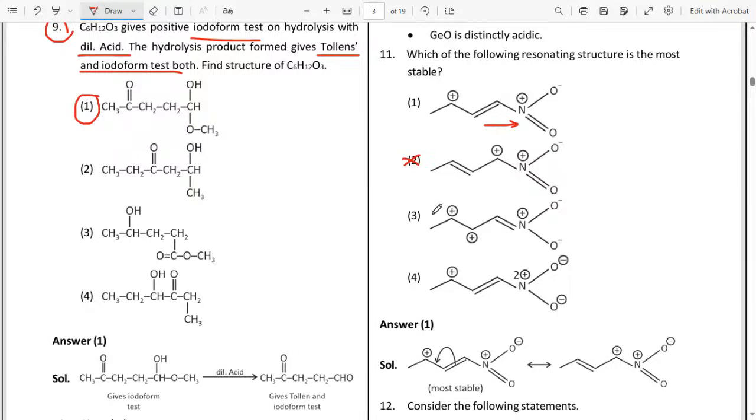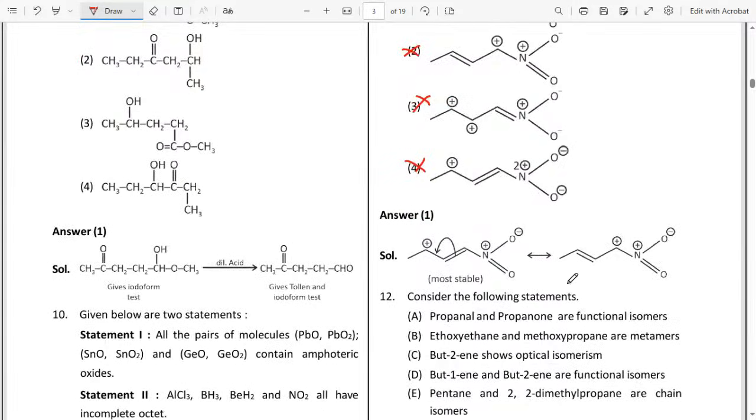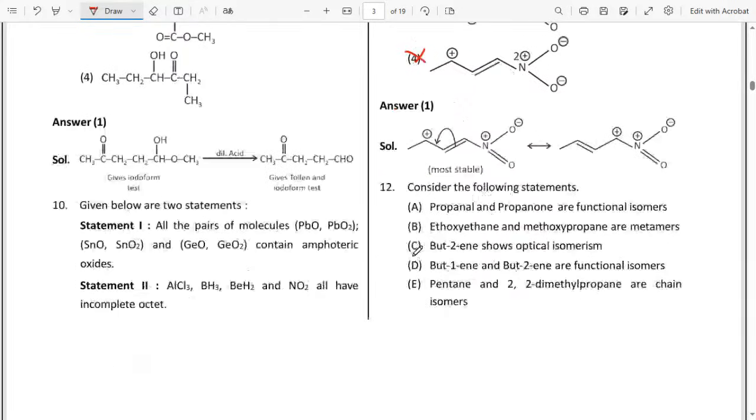And having 2 carbocations, no, and here NO2, this is also not going to be correct. So option 1 is the correct option, students, and it is more stable because allylic carbocations are more stable, allylic, benzylic and tertiary. So what is the most stable carbocation? Option number 1 is the correct option, students.